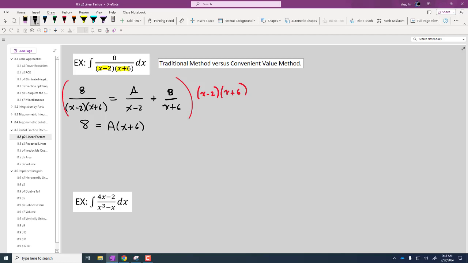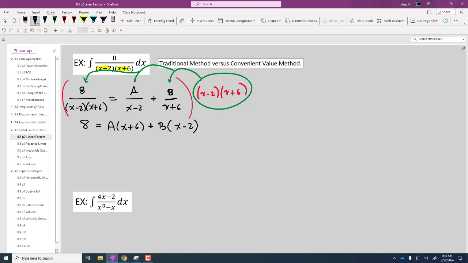The x minus 2's are canceling. When it multiplies the middle fraction, all you have left is the 8, because 2 factors cancel. And when we multiply by the last fraction, the x plus 6's cancel. So we have remaining b multiplied by x minus 2. This is the standard algebra technique to get rid of fractions: just multiply by the least common denominator.